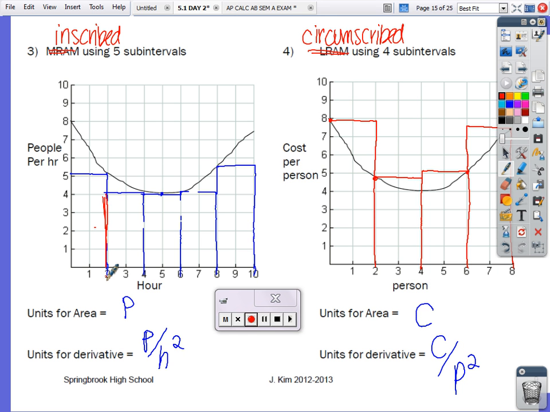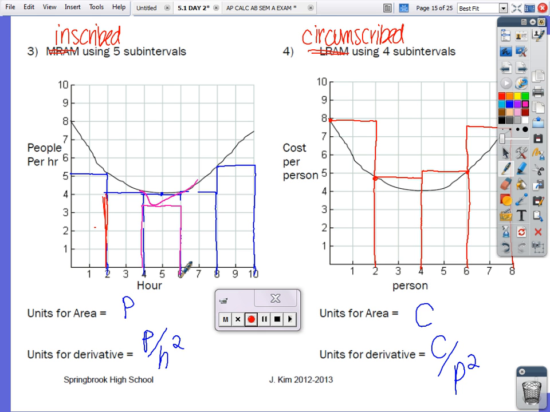I can show you what that would look like if I change this graph and I say, oh, maybe I'll make it dip down here and then go up there. The rectangle I would have to draw to be inscribed would be that one. That's not a MRAM, that's not a LRAM, that's not a RRAM. So I don't want you to think that when you do your inscribed and circumscribed that they have to be perfectly left, right, or middle.